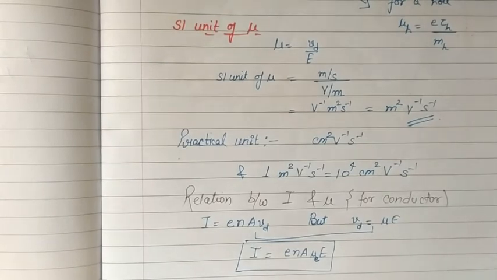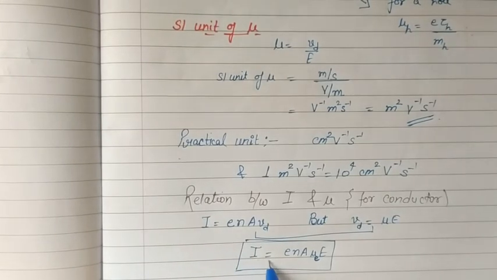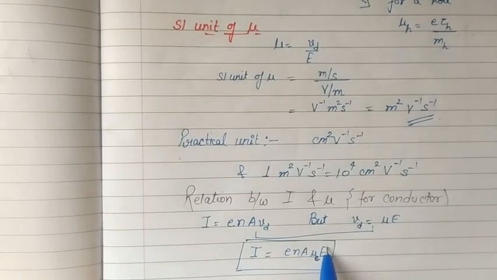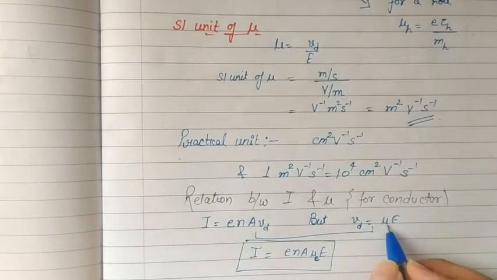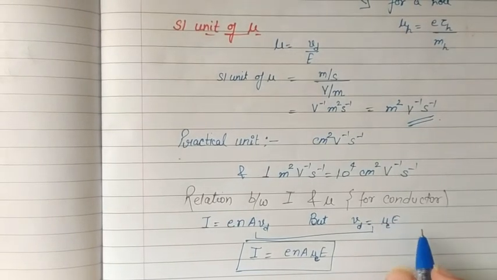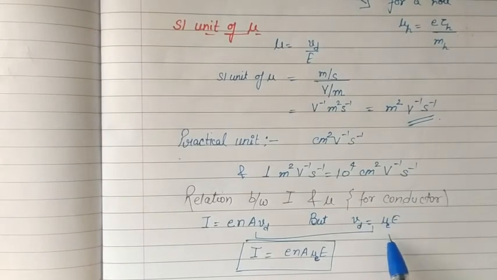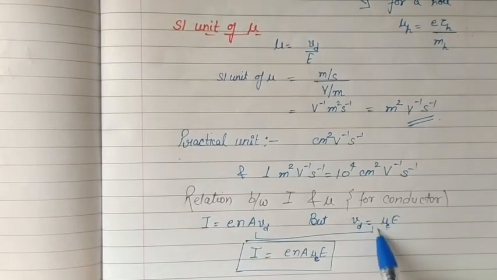We know in a conductor the only charge carriers are electrons, so this mobility will represent the mobility of electrons only.